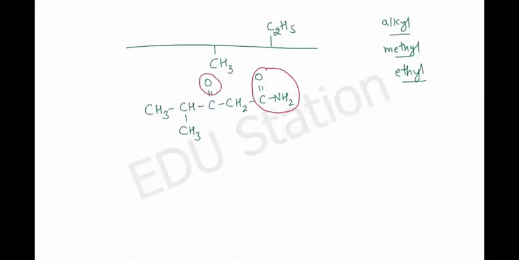Amide is preferred, so we'll try and make the longest chain. 1, 2, 3, 4. You can have this as 5 or this is 5, it won't make a difference. So if this is 5, this is out, this becomes an alkyl group.